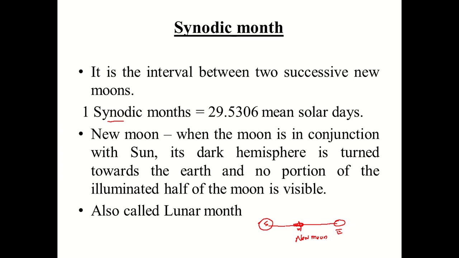It is otherwise called the lunar month. You may have heard about the lunar calendar, or you may know that Muslims follow a lunar month based on the new moon and full moon. The new moon is the start of a month, the full moon is the middle of a month, and the next new moon marks the end of that month.